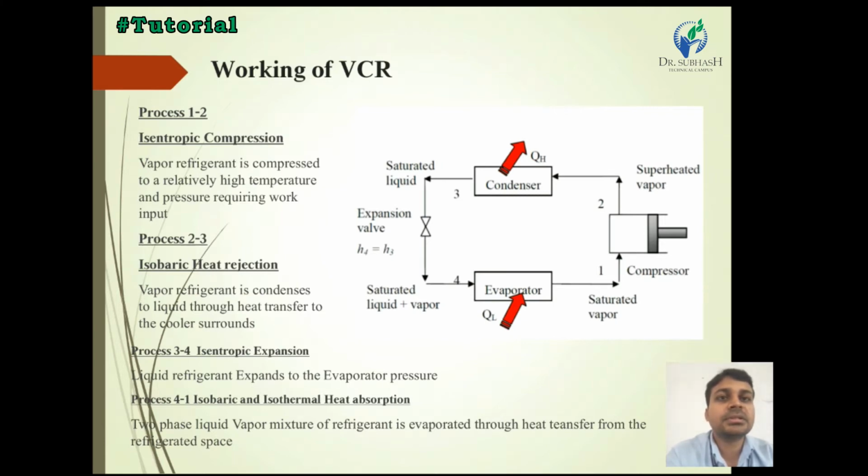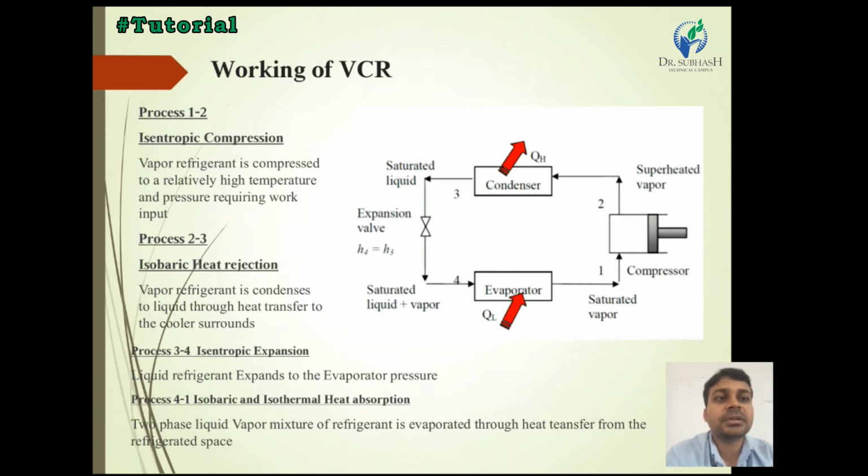The first process is 1 to 2, the compression process, or we can also say isentropic compression. Vapor refrigerant is compressed to a relatively high temperature and pressure during the work input. In the compressor, the main work is that electrical work is converted to mechanical work.